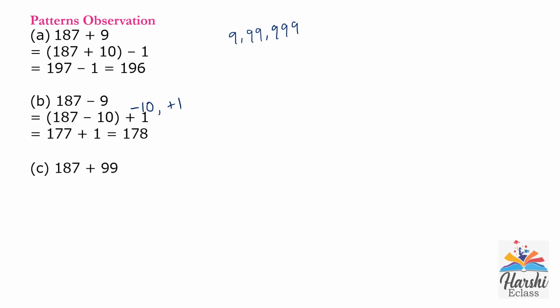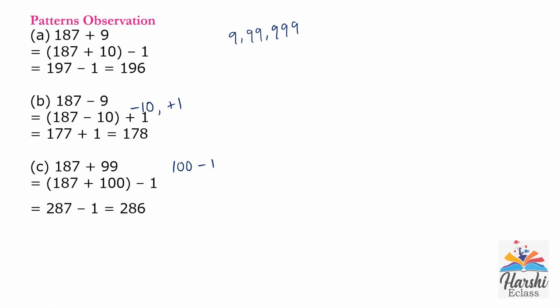That is 178. Next, adding 99 to 187. 99 we can write as 100 minus 1. So first we will add 100, then minus 1. So it should be 286.